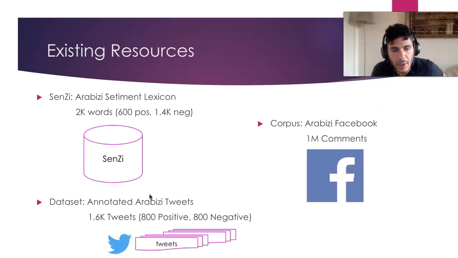We use existing resources from our previous work. We have a sentiment lexicon of 2,000 words. We have a data set that is annotated as positive or negative. It is 1,600 tweets. We also have a corpus of raw Arabizi data composed of 1 million public comments.